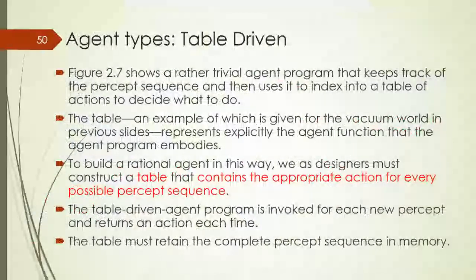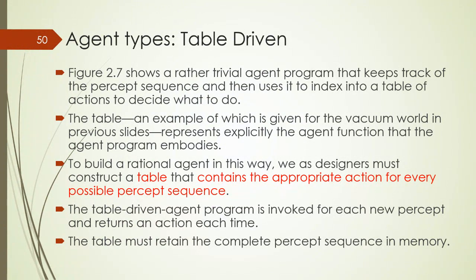In the table-driven agent, as shown in the next figure, we have a rather trivial agent program that keeps track of the percept sequence and then uses it to index into a table of actions to decide what to do. It might also keep previous actions: I did this, I did this, I did this, now what do I want to do?